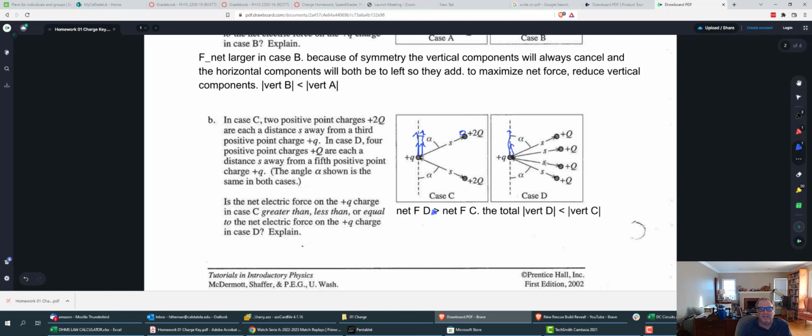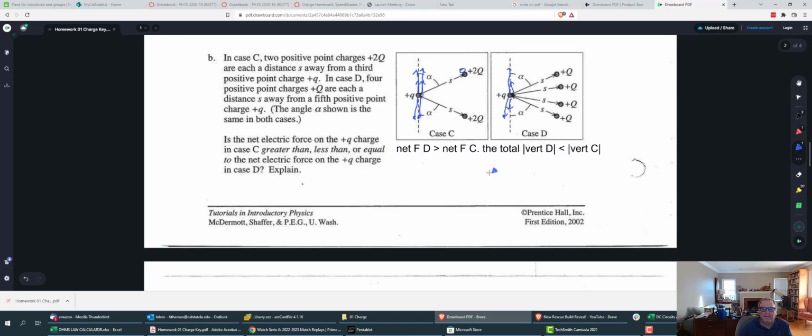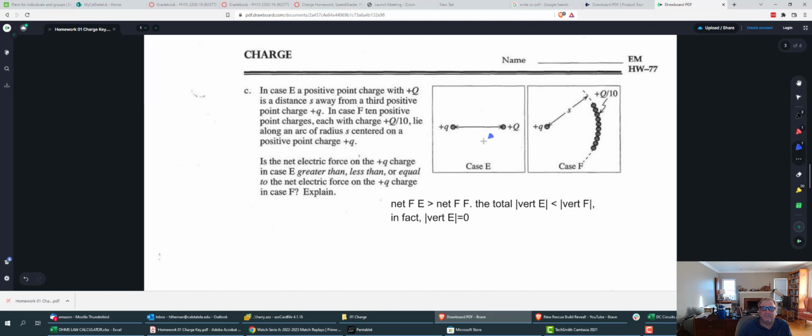So that means that the total amount of verticals for D is going to be less than the total amount of verticals for C, right? So I would just add up the magnitudes, and we would see that the one on the right has a little bit less, and so that has to have the stronger force, because that means there are more horizontal components. You've got to always think of these things as vector quantities.